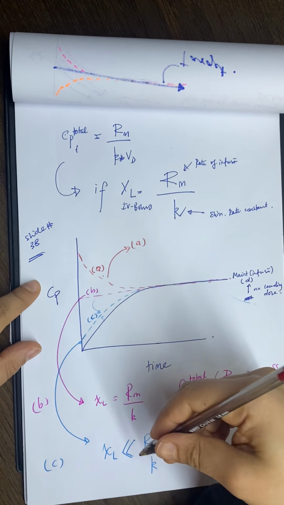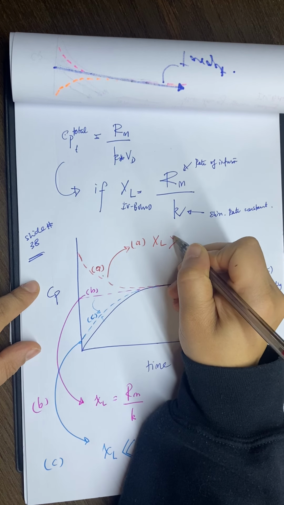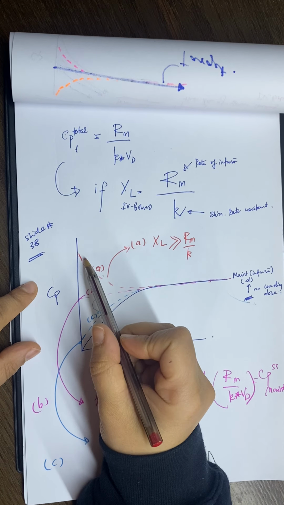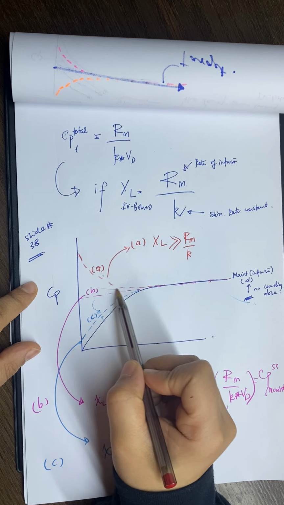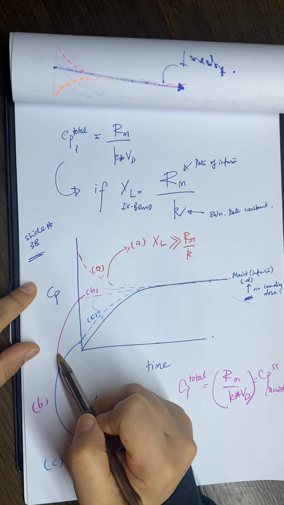by default, according to whatever I said, the loading dose in this case will be higher than Rm over K. So the total concentration that you start with is higher than the desired concentration, okay?